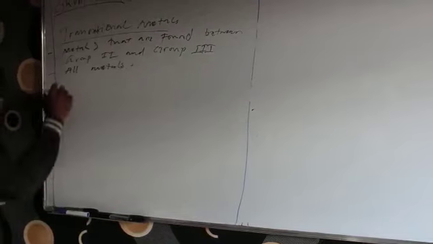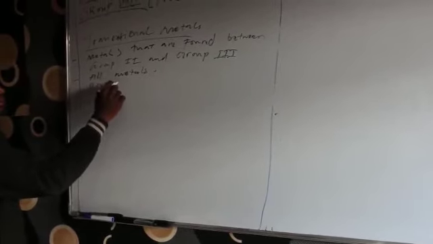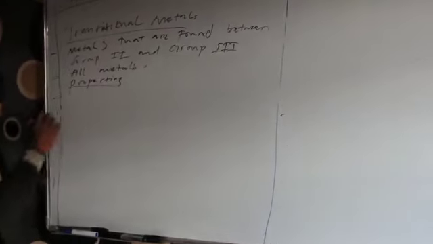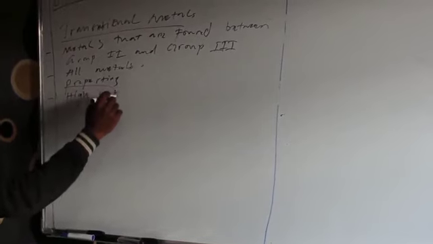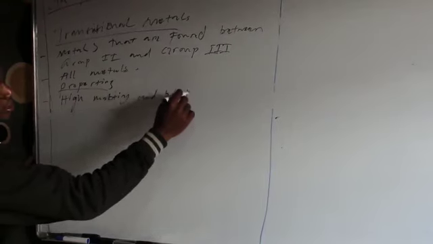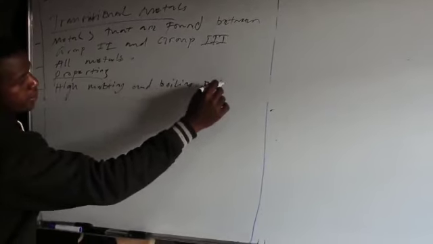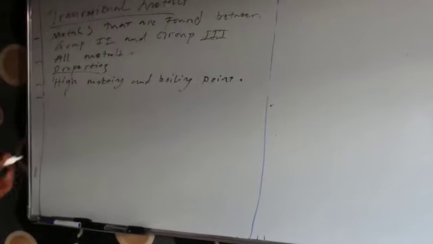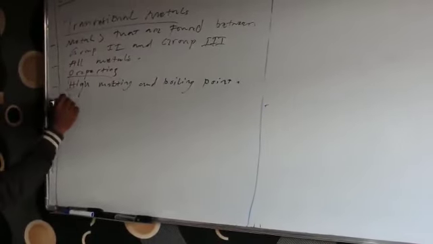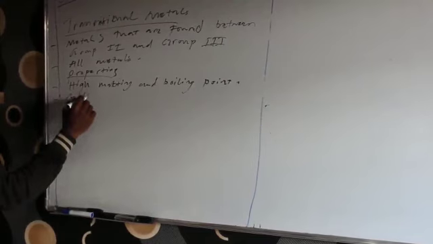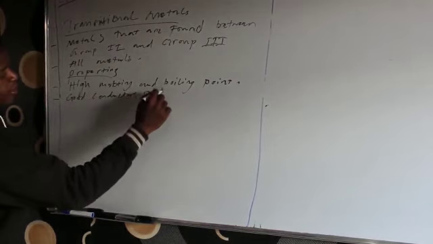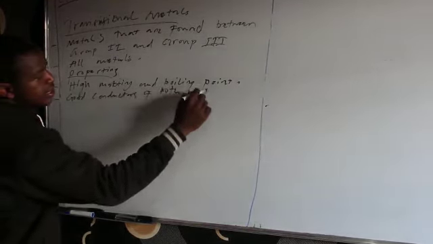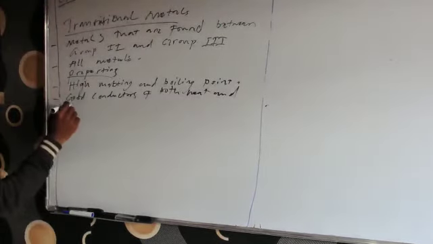Let us now look at the properties. The first property is that they have a high melting and boiling point. Then they are good conductors of both heat and electricity.